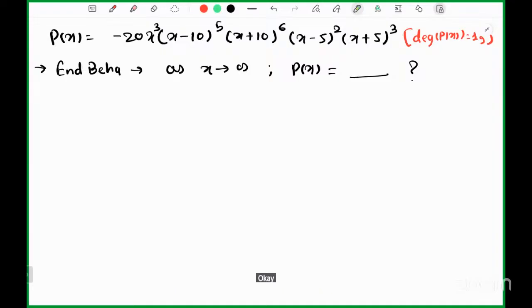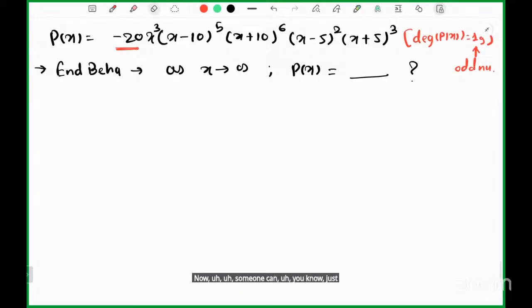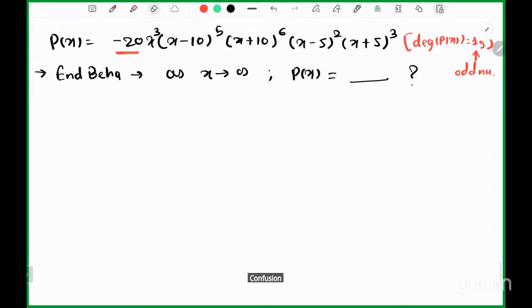19 is an odd number, so it's an odd degree polynomial. But the coefficient here is minus 20. Someone could cause confusion by writing 10 minus x in place of x minus 10.